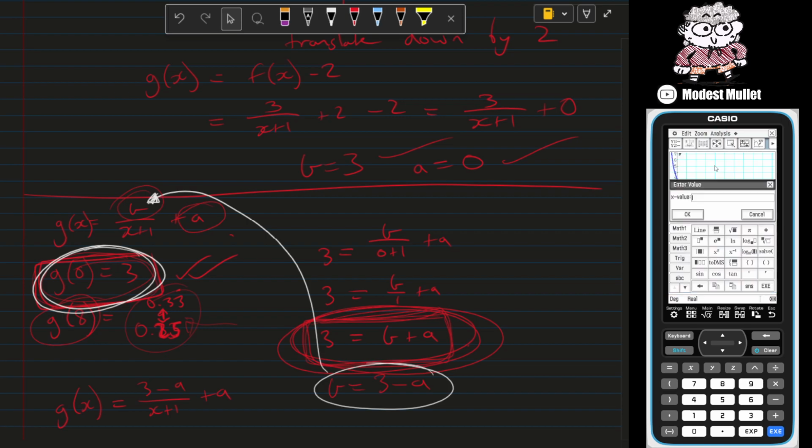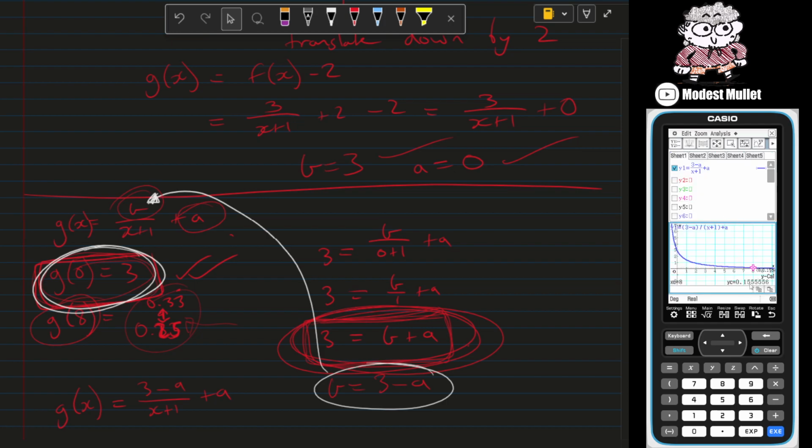We want to calculate at x equals 8, and y is 0.155. So no, that doesn't work. Too low. So we've got a pretty small band for a to actually work, between 1 and point something, and that means b itself has to be pretty close to 3, just a little bit under 3. So that's one way to do it.